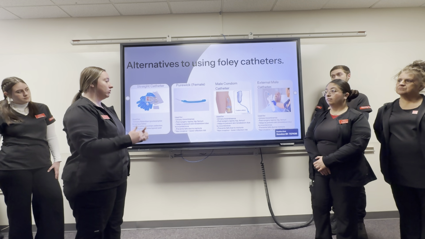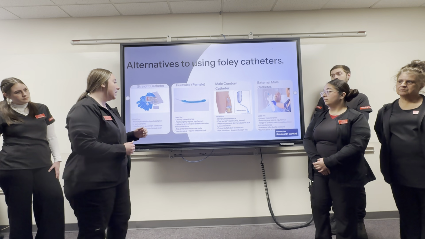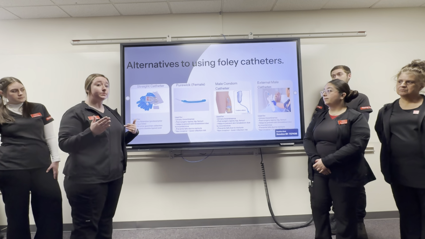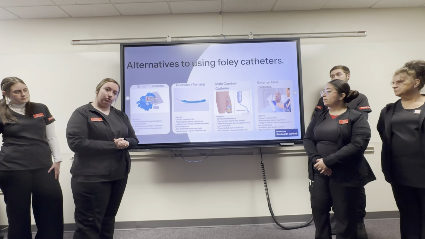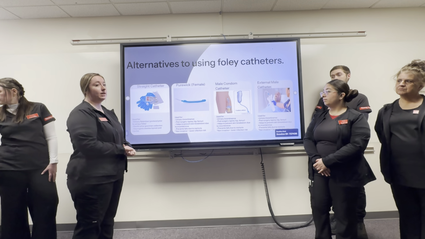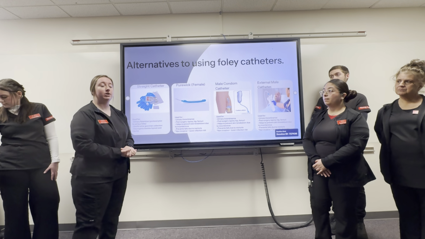So as in the name, they're all external catheters. These can be used for urinary incontinence, post-surgery spine, hip, femur, when these patients are not able to get up and ambulate. It helps prevent skin breakdown from urinary incontinence, prevents falls due to any nocturia, and they're non-invasive, so lower risk of infection compared to Foleys.